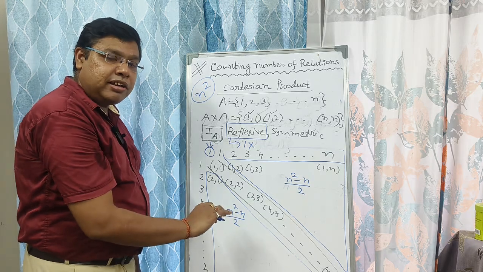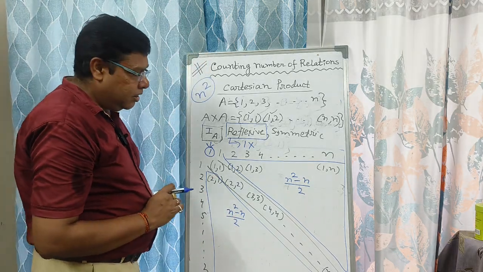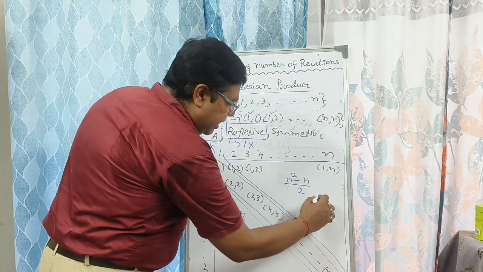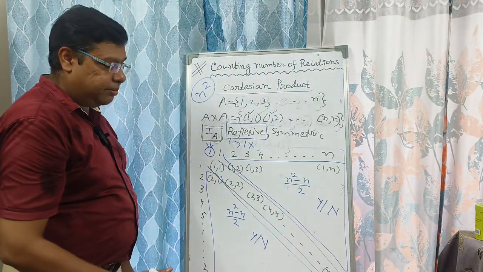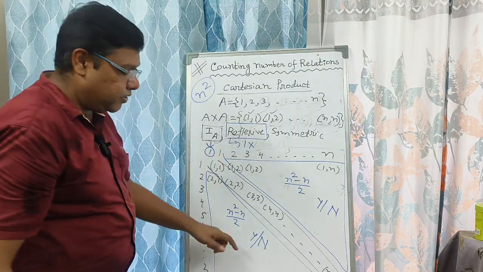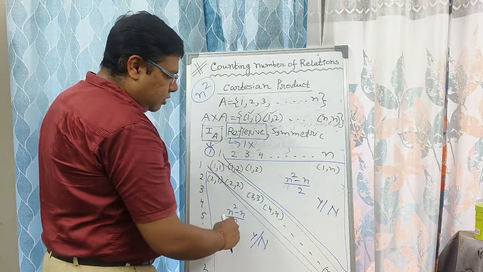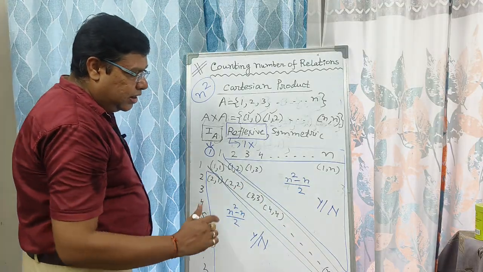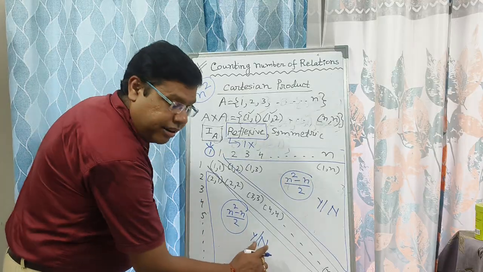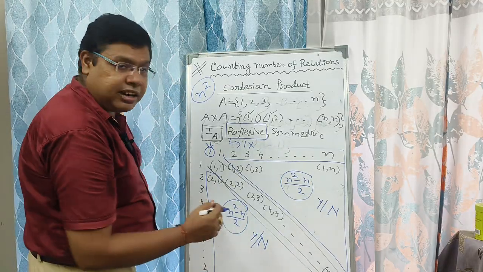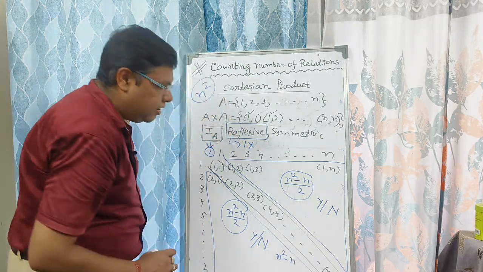So here I have two options for each element, yes or no. So if you add this one and this one, the total is n square minus n.